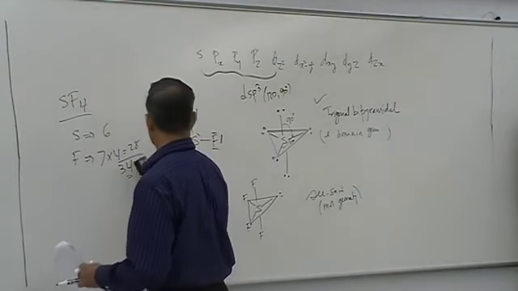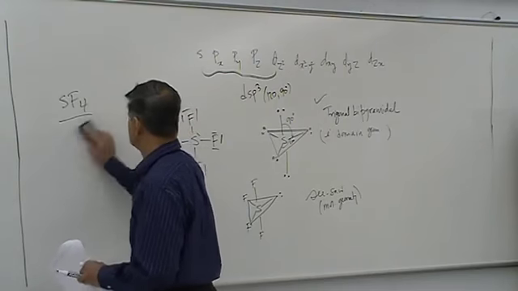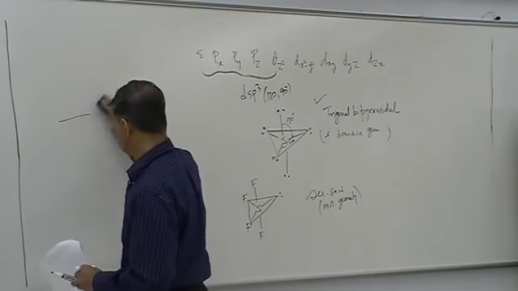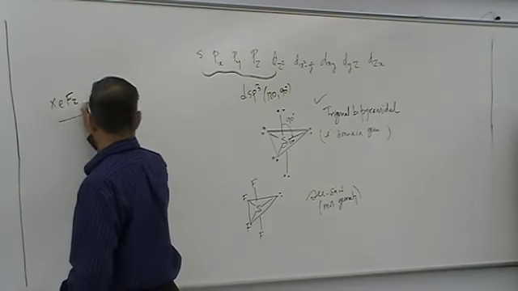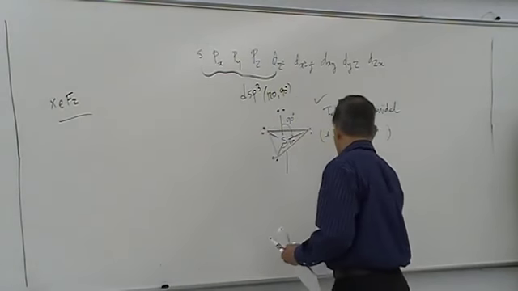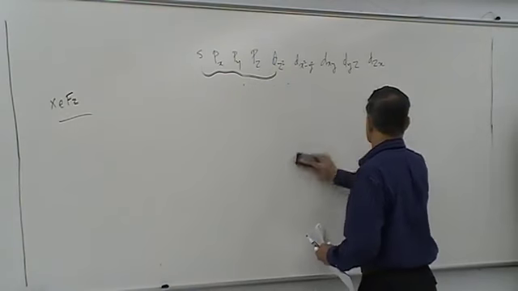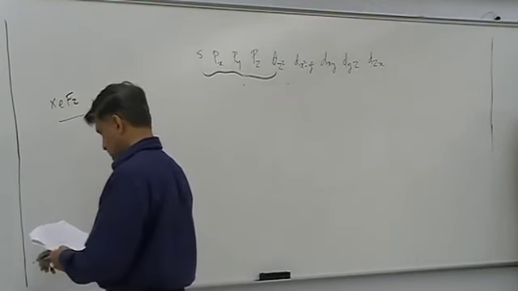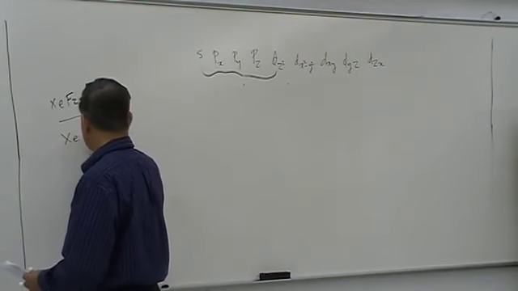My next example is XeF2, xenon difluoride. So I have Xe, which has 8 valence electrons.